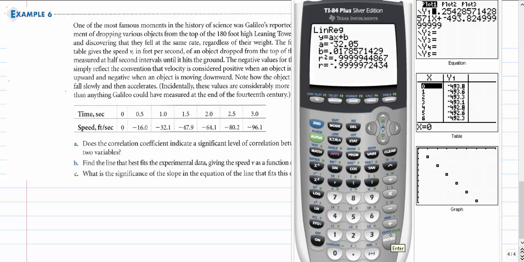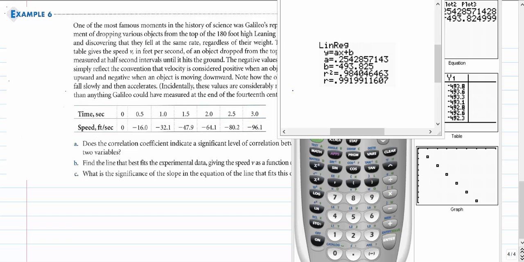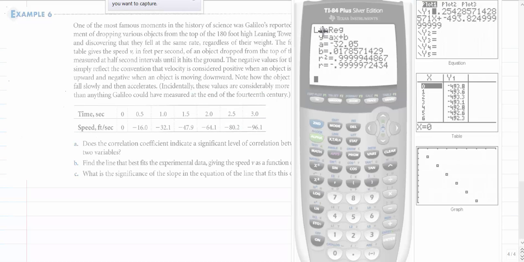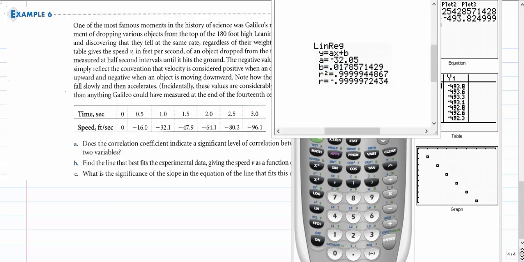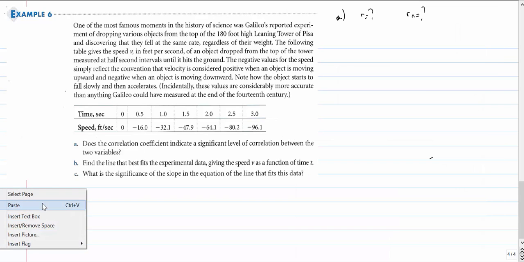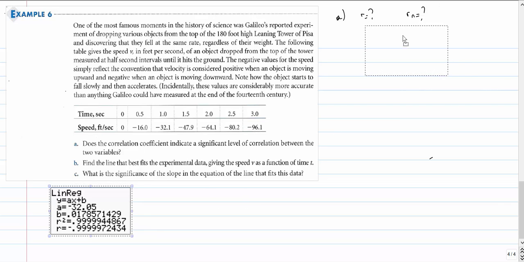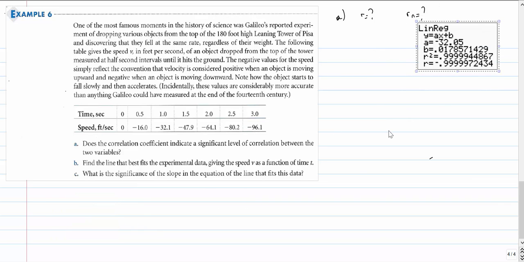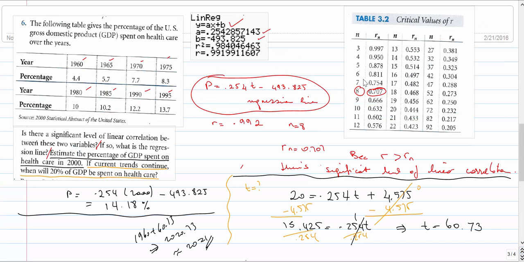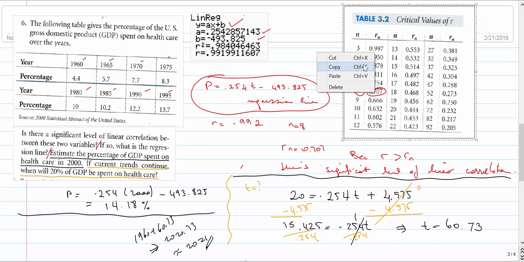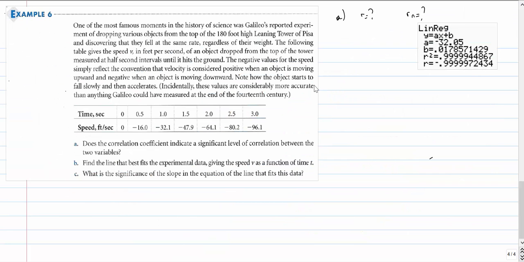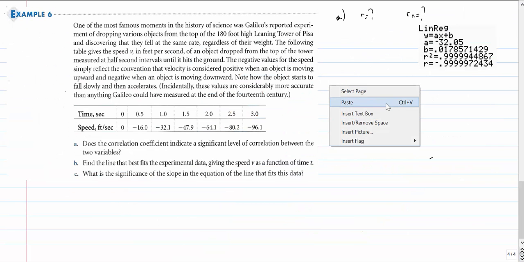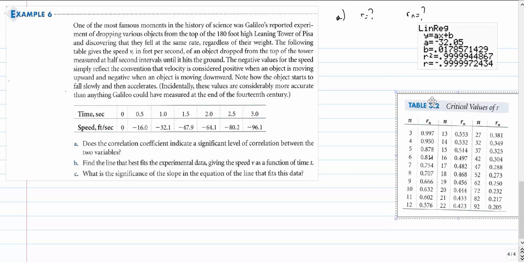So this is my value. All right, I'm going to screenshot really quick and paste it over here, let's say. And then I'm going to go back and copy my R right here to be able to compare. All right.